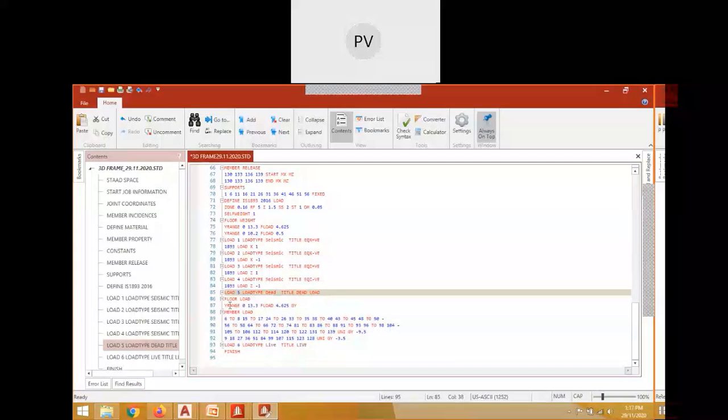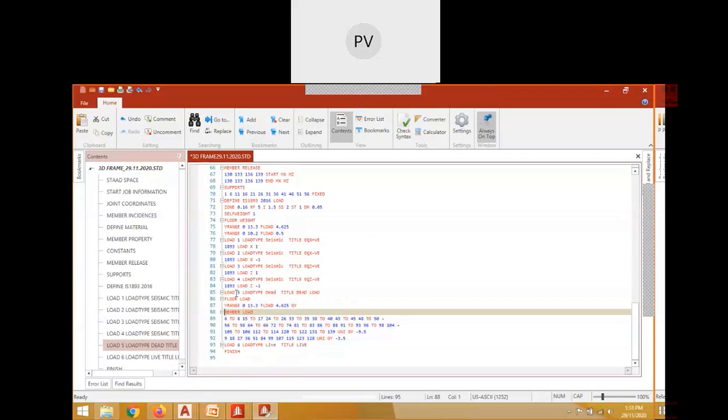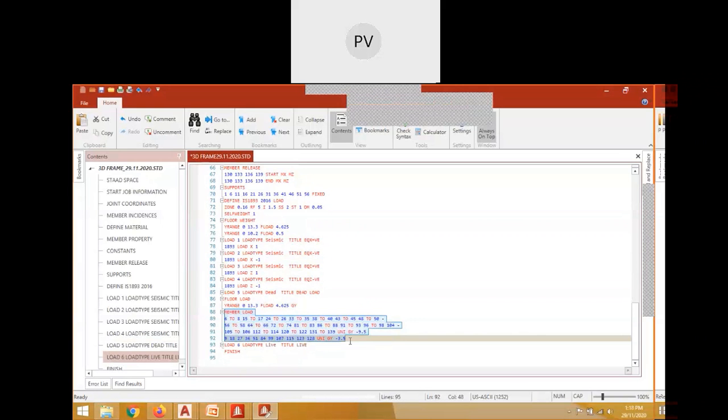So I will show you how to copy this into your seismic load definition. Here you can see floor weight is there. Now I will just copy this load, which is your floor load, member load, from the dead load case. Remember, don't copy this load case, only the member load, correct?